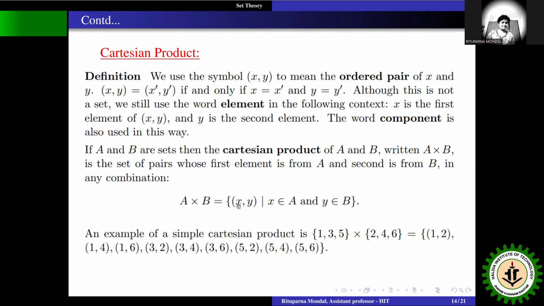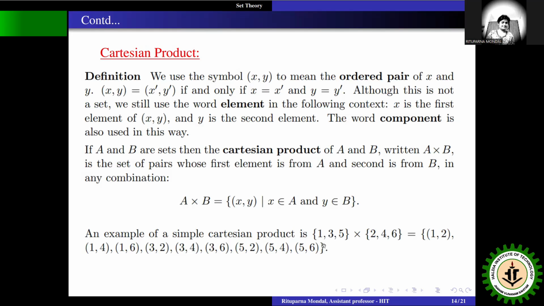Here x is the first component, y is the second component. So the first component belongs to the first set and the second component belongs to the second set. So this is the definition of A cross B. We can clearly see that A cross B is also a set.